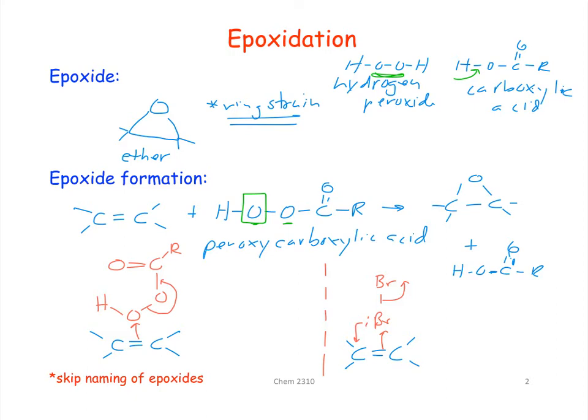So in the epoxidation, this center carbon, the carbon of this peroxy acid, if it forms a pi bond here, it can't hold any more bonds, so it has to give up this pi bond, and what it does is it comes down and reacts with that proton, and the electrons in that oxygen-hydrogen bond go down to form the three-membered ring. So let's see if we can figure out what's happened here.